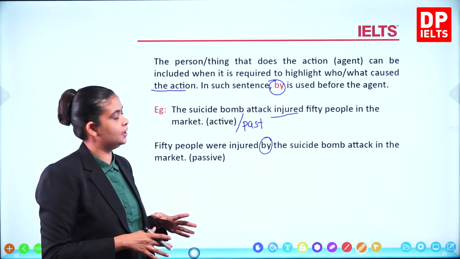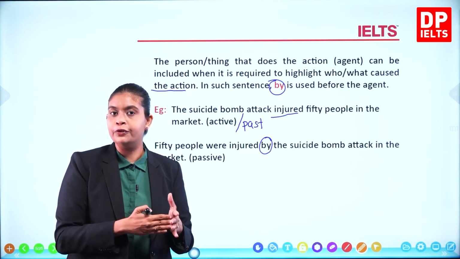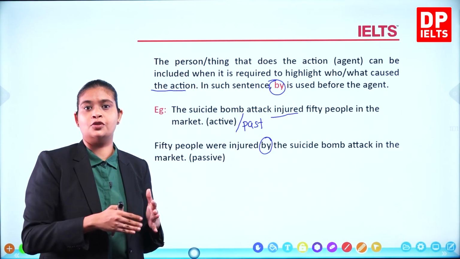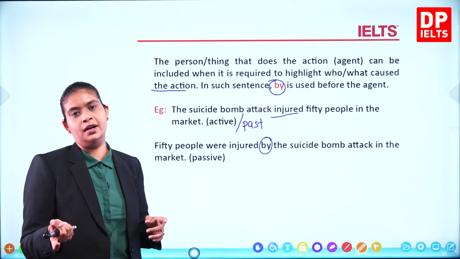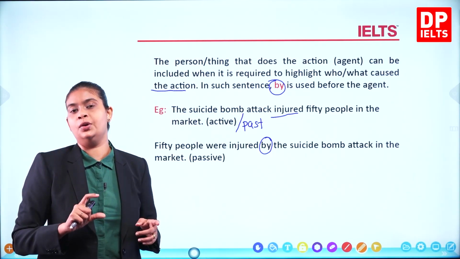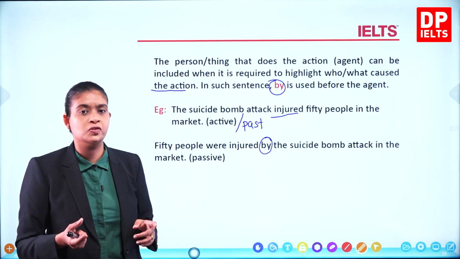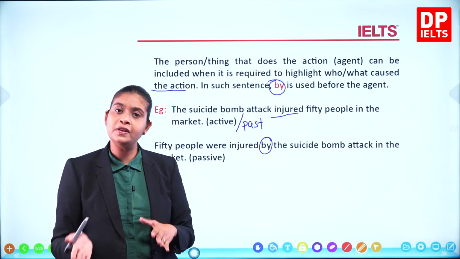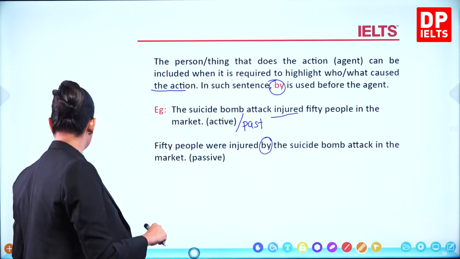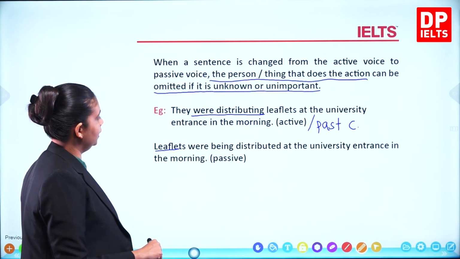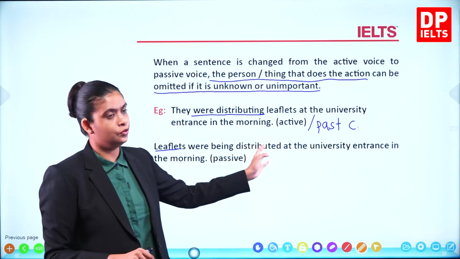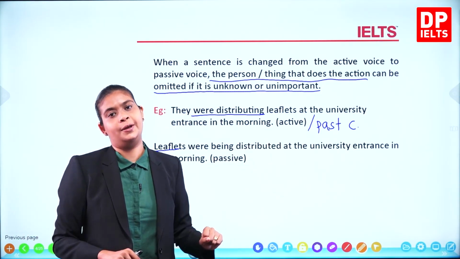If you think it is needed, if you feel you need to highlight who caused it, then you can include the person or the thing who does the action or what caused the action. If you feel it's not important, then like the previous example, we can get rid of it. You don't need to have the word by.